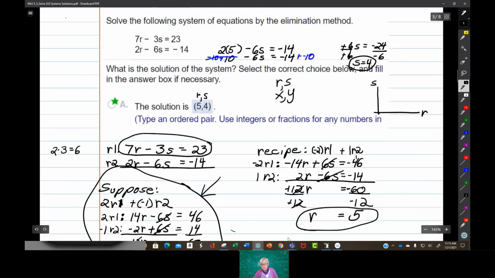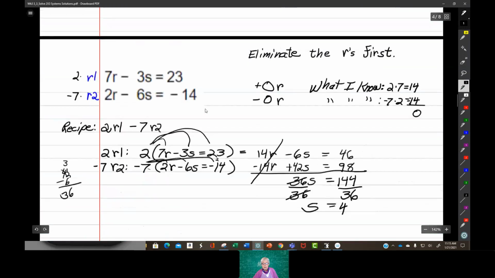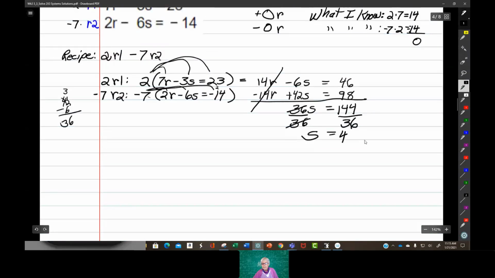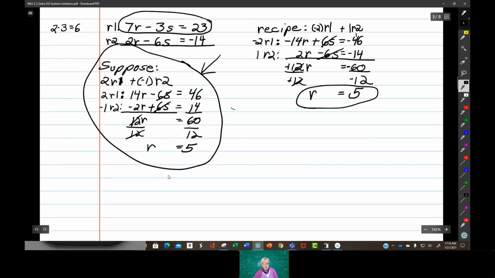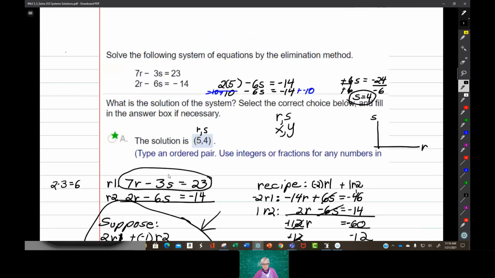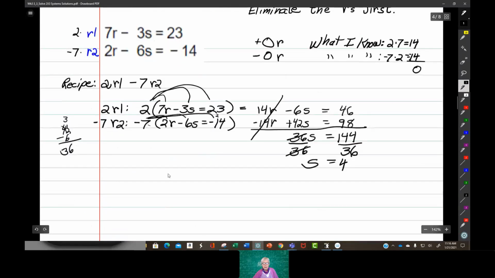Here we found R first. Here we're finding S first, and S is 4. Now that I have S equals 4, I can go to either one of these equations and stick a 4 in for S. Either one. Let's use row 1 this time. I think I used row 2 before. Yeah, let's use row 1.